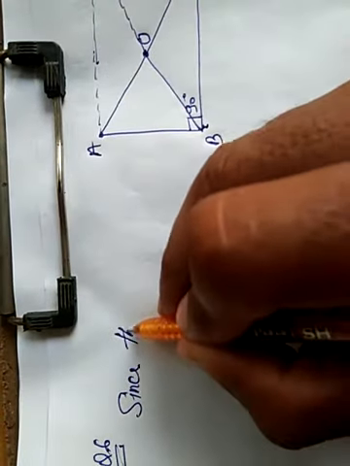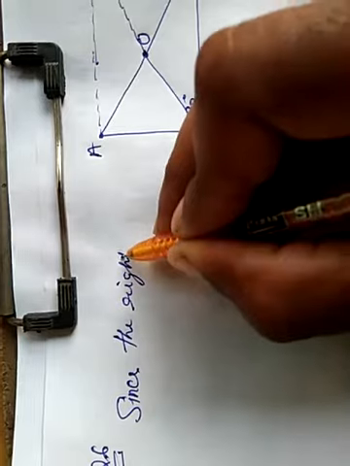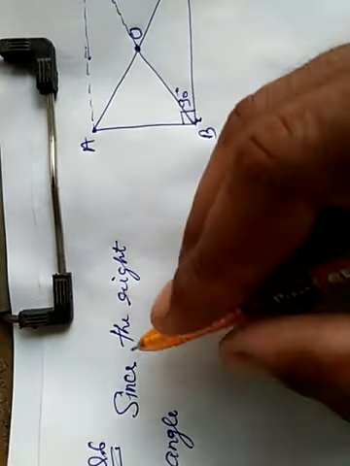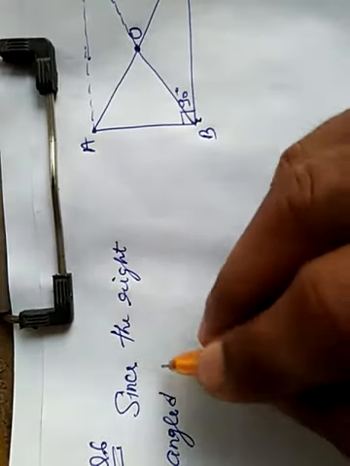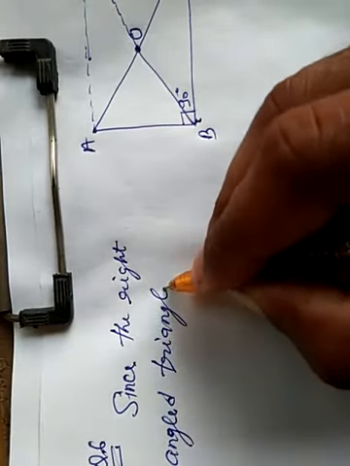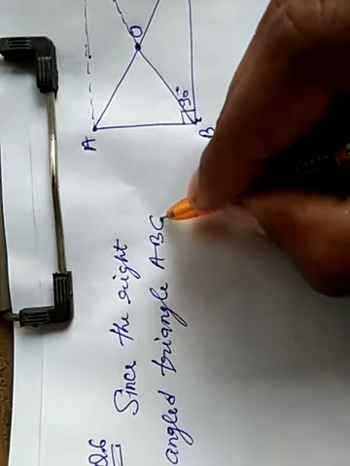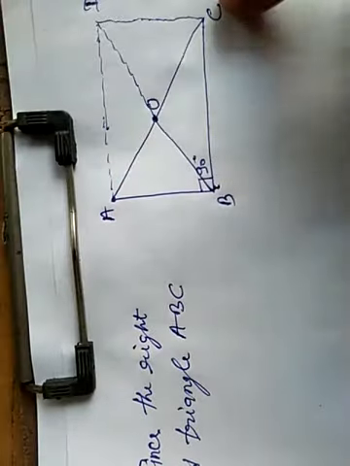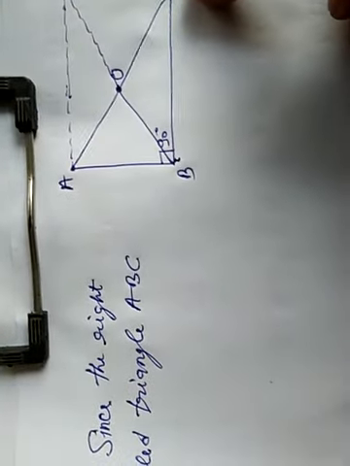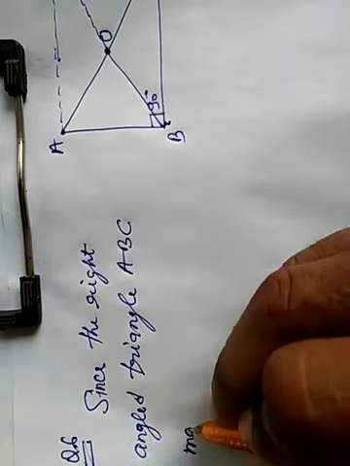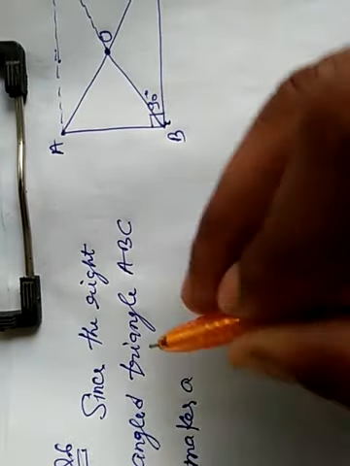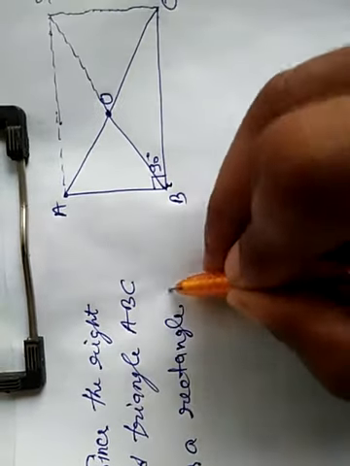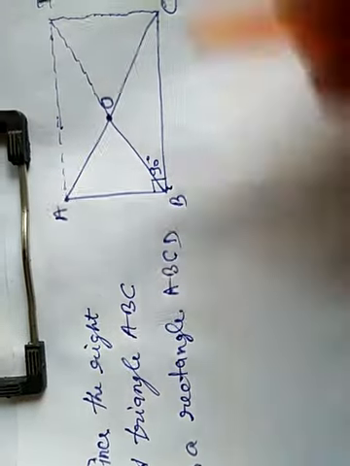Since the right angled triangle ABC makes a rectangle ABCD.